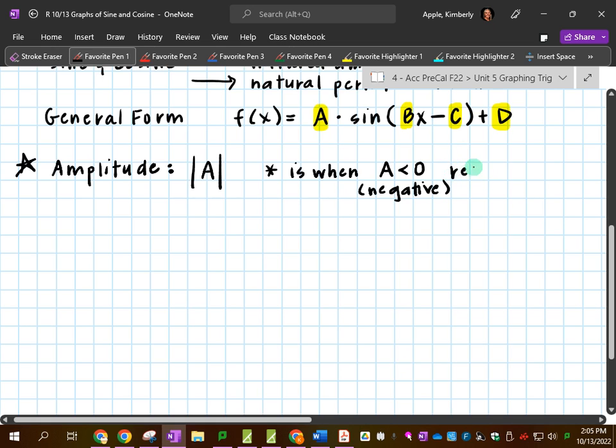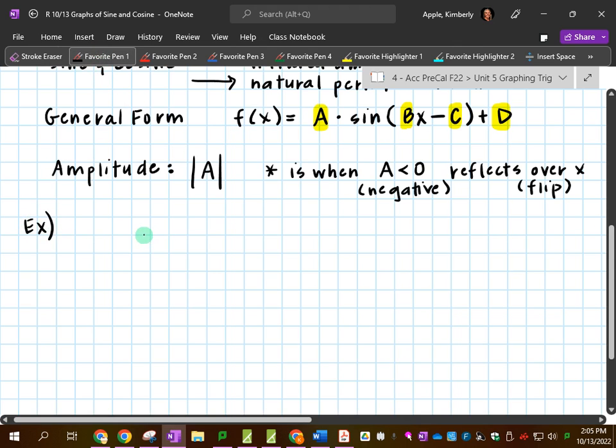Yes. When a is negative, it reflects over the x-axis. We called that, flip. So the amplitude is the positive version of the number, but there's also the added bonus that it will flip the graph, just like we saw before. This is a vertical stretch, and it can also reflect the graph.